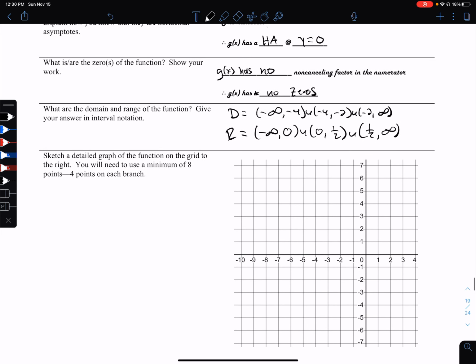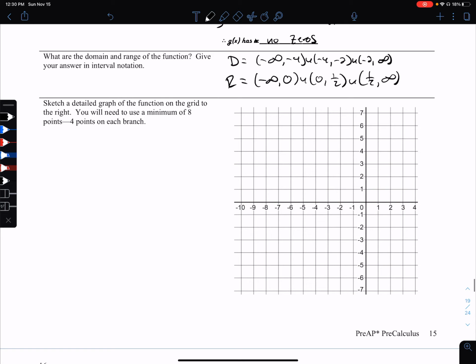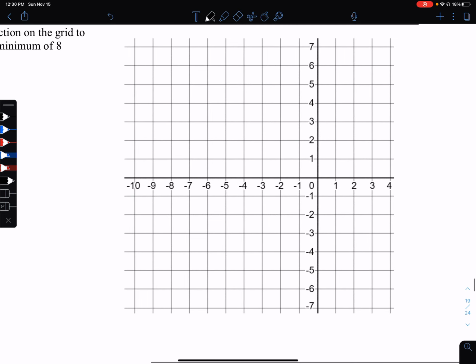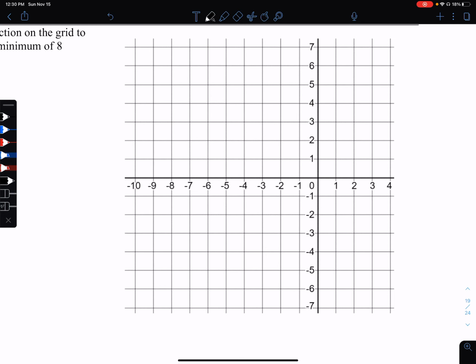Sketch a graph of this function on the grid to the right. You need a minimum of 8 points, 4 for each branch. I highly recommend putting on the asymptotes first. We had a vertical asymptote at x equals -4. That's going to be right here. We had a horizontal asymptote at y equals 0. That's going to be here.